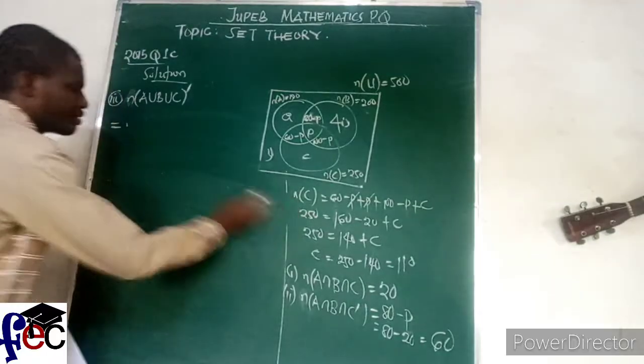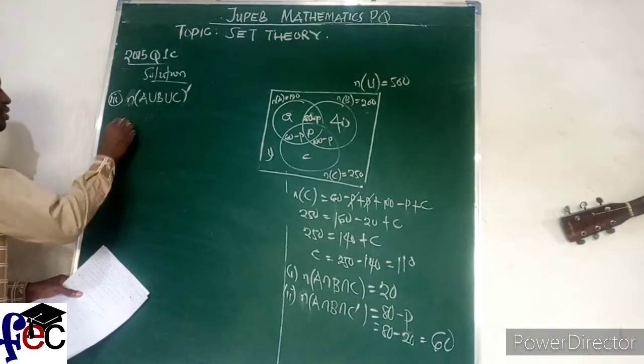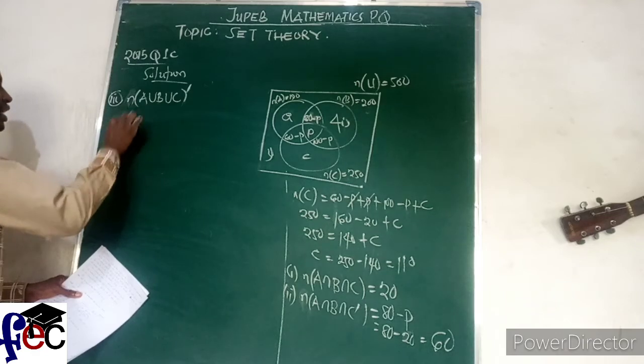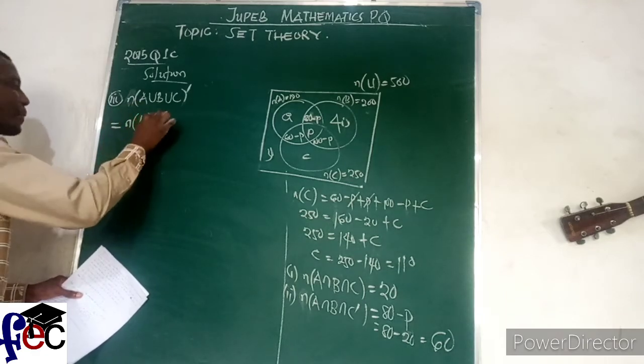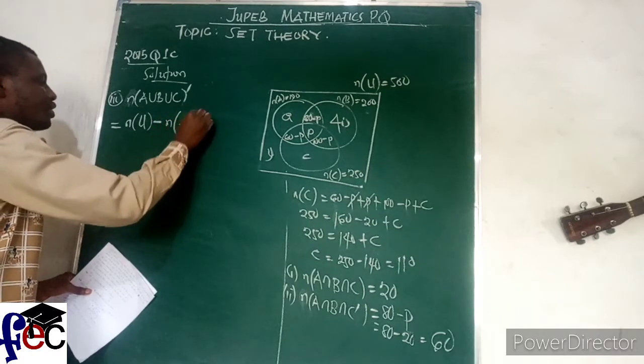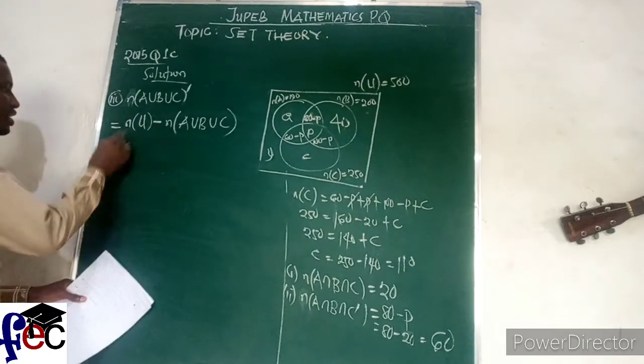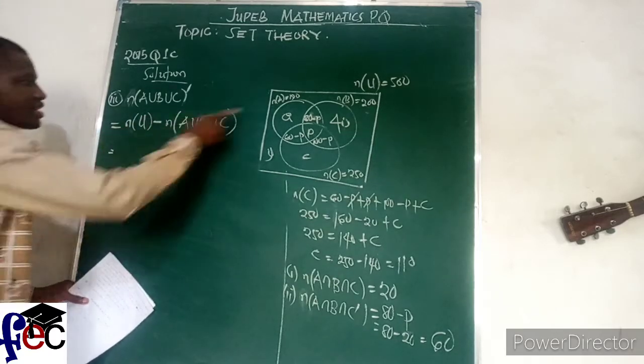So that you will see that the cardinality of this, which is the third one, is going to be the cardinality of the universal set minus the cardinality of A union B union C. That's all. And what is the cardinality of the universal set?